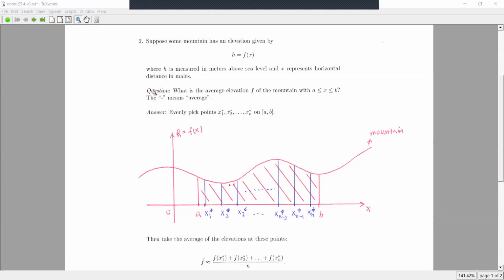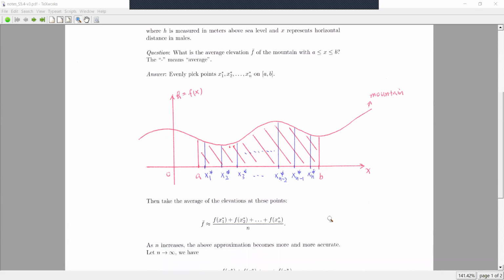To answer the question, between A and B, we evenly pick points. Say pick n points. Then at each point, we compute the elevation of the mountain by this function. Now we have n points, so we have n elevations of the mountain.